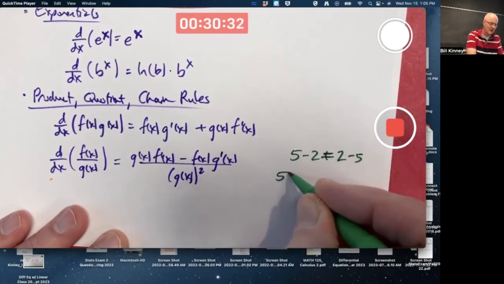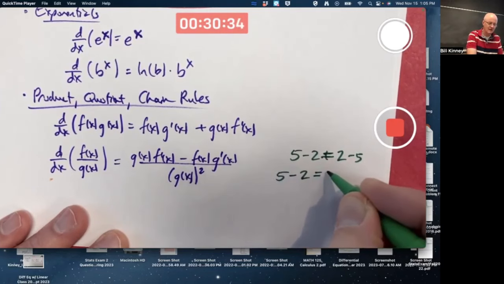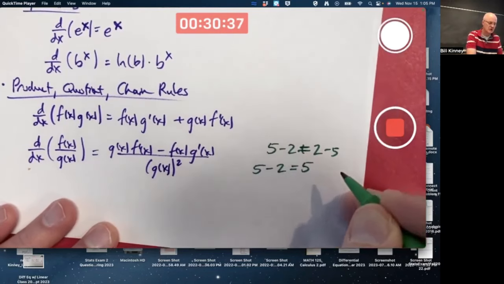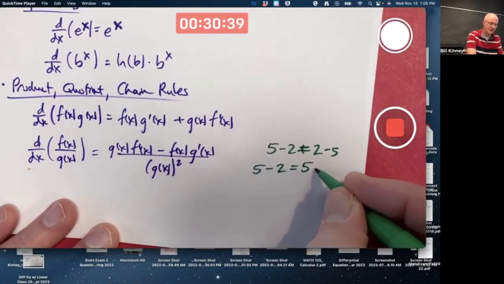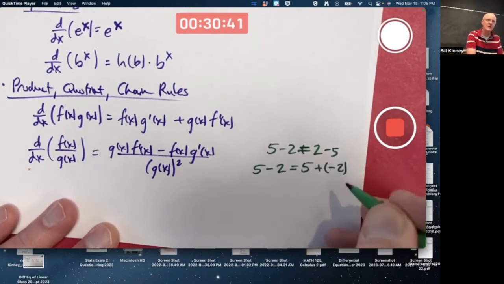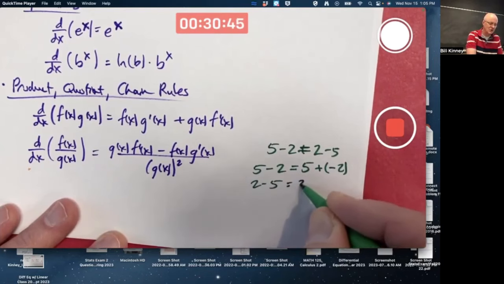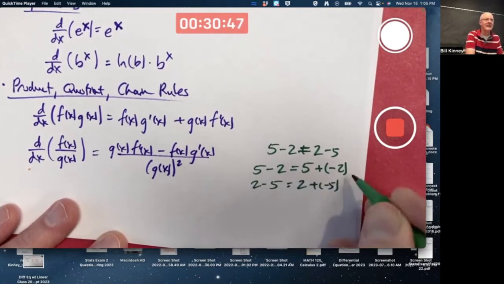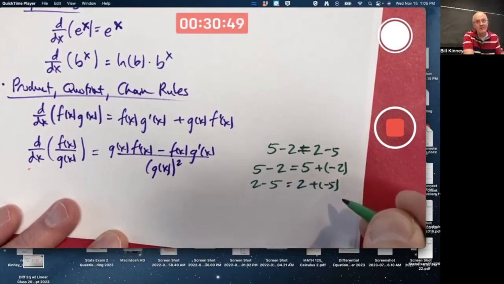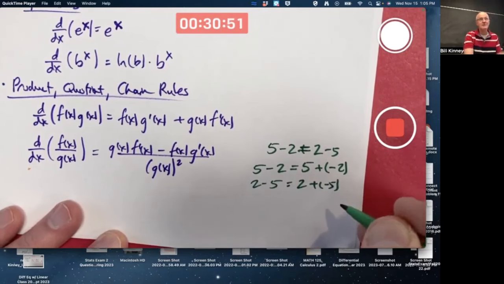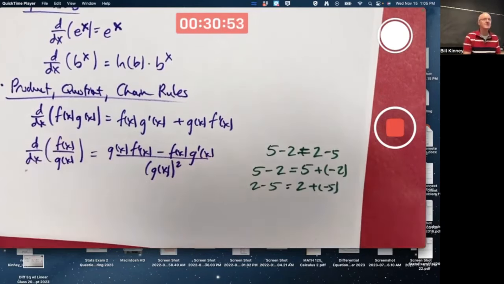But wait a minute. Can't subtraction be defined in terms of addition? 5 minus 2 is the same as 5 plus negative 2. Well, 2 minus 5 is the same as 2 plus negative 5. It's not the same addition. That's the problem. So subtraction is not commutative. You cannot switch the order of things in the top.